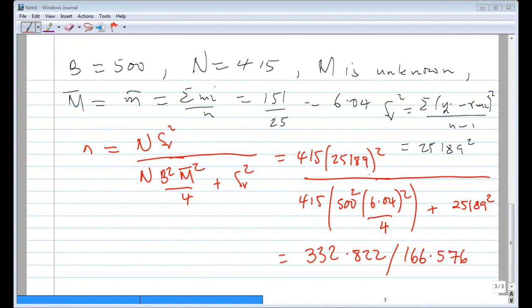What is the correct answer now? Guys, are you calculating or you just want to copy?